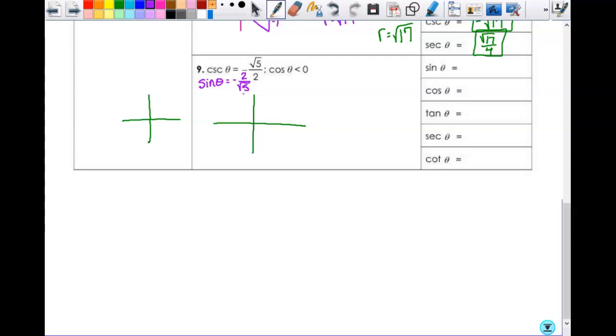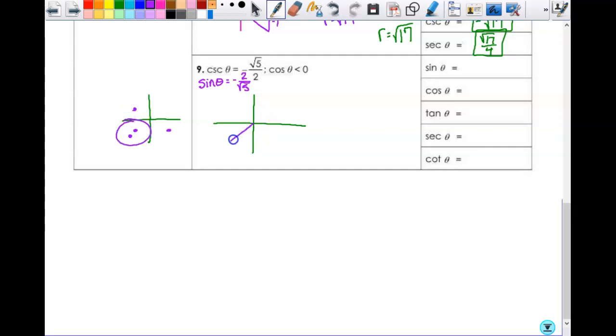Third? Good. So cosecant, I would write it down as sine, or at least think it in my head. There's no need to rationalize right here because it's not my final answer. It's just me trying to figure things out. Sine is negative in 3 and 4. Cosine is negative in 2 and 3, so we're in the third quadrant.